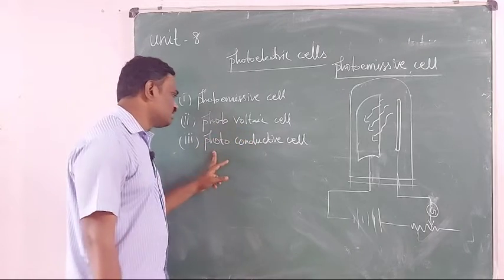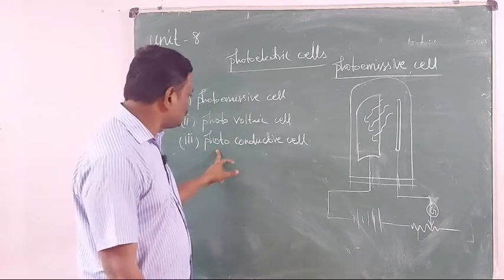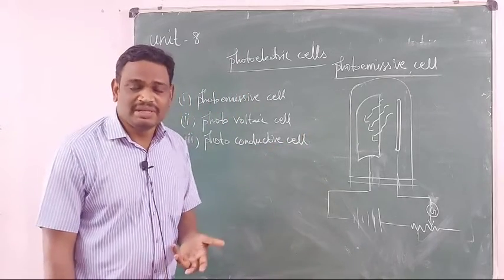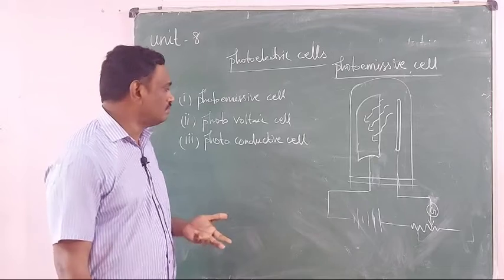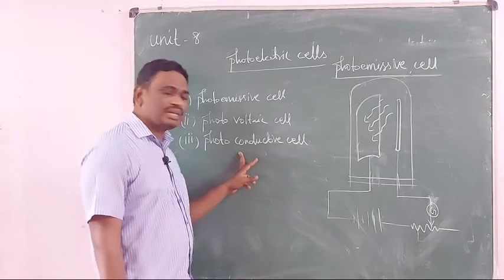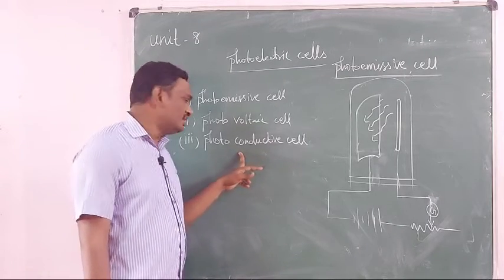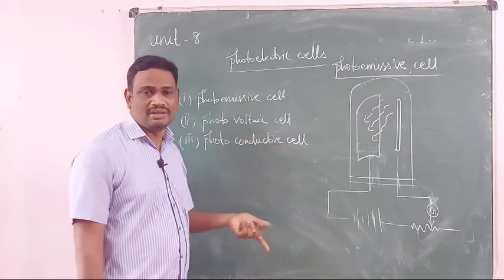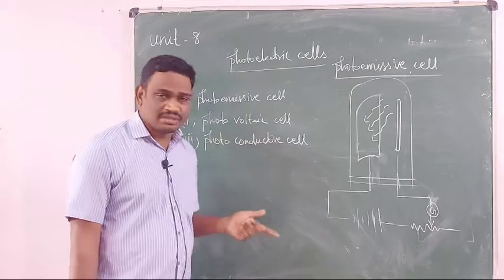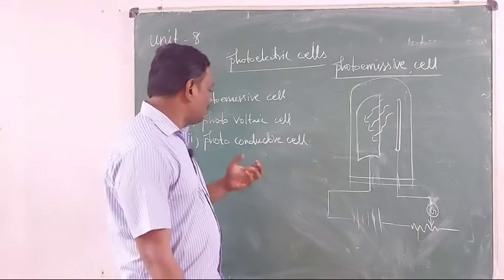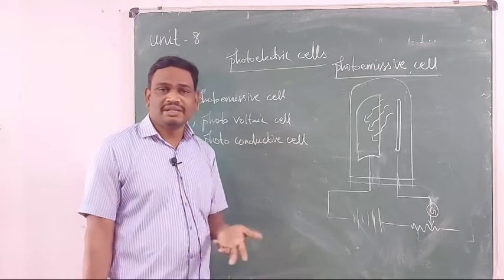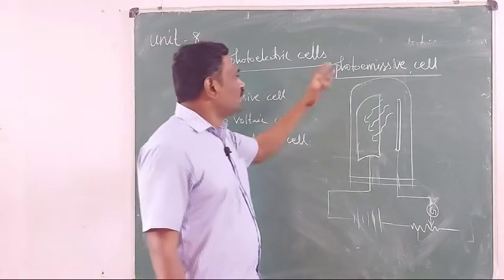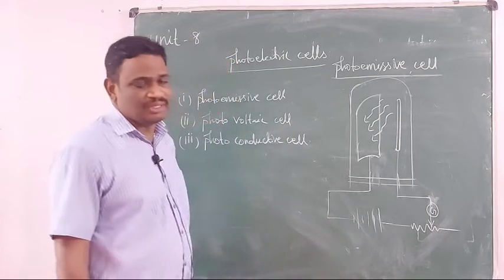And the third one: when radiation falls on a photosensitive material, the resistance of the material will decrease, so that the conductivity will increase. That is why it is called a photoconductive cell. Now we are going to discuss the photoemissive cell.